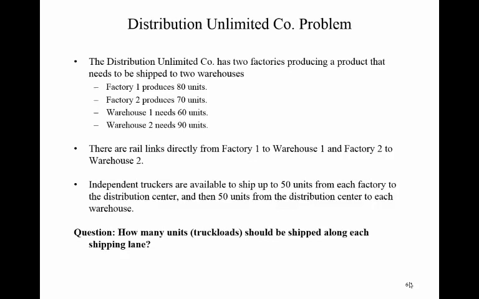So the optimization problem is really to identify how many units, which in this case, by the way, is truckloads, should be shipped along each shipping lane. In other words, how many should go direct from the factory to the warehouse by rail, and how many should take a route through the distribution center, but the transportation being offered by truckloads.